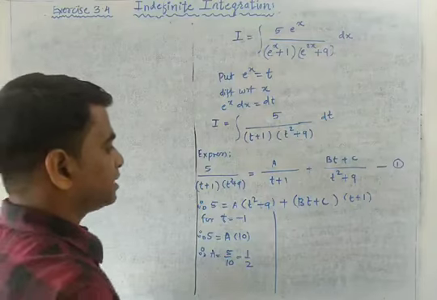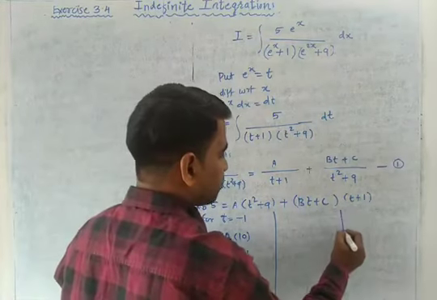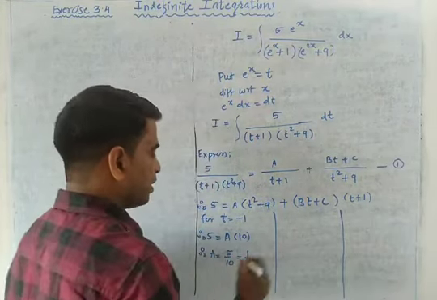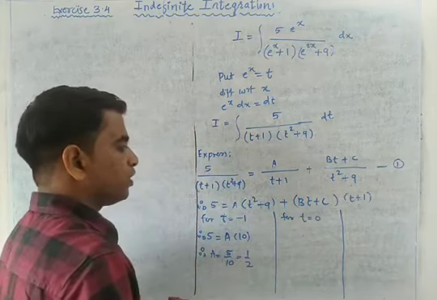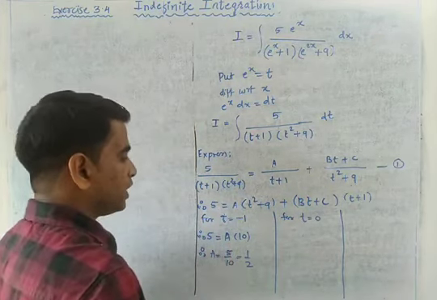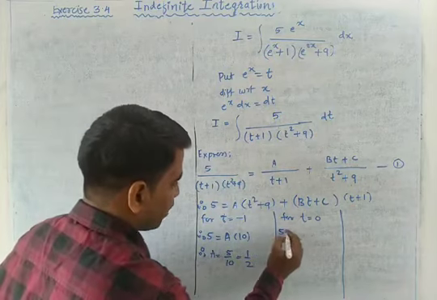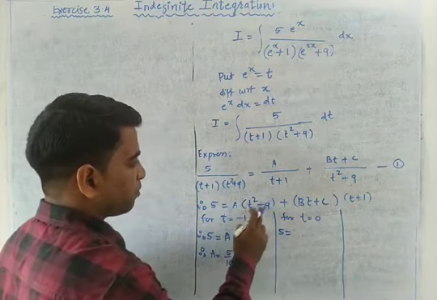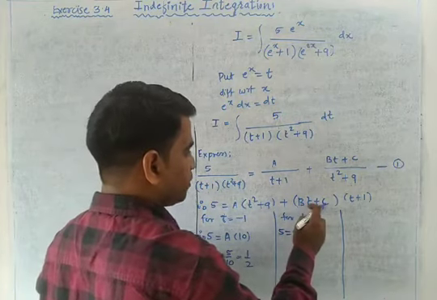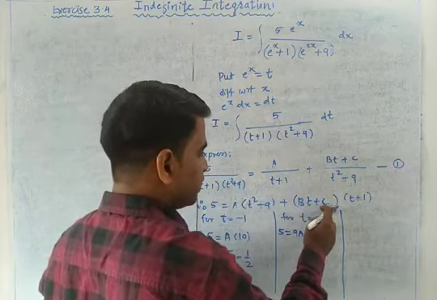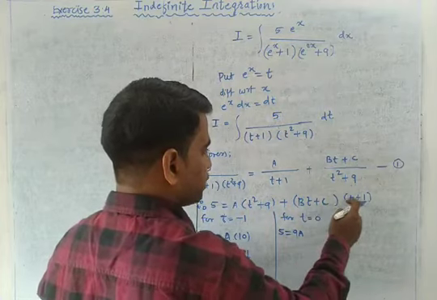For finding b and c, we will use any two constant numbers. So first I will use t is equal to 0, to find one equation. So 5 is equal to 9a, plus (b into 0 plus c) into (0 plus 1).